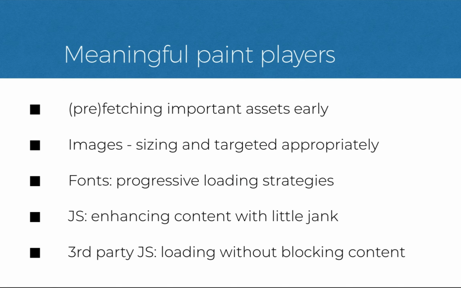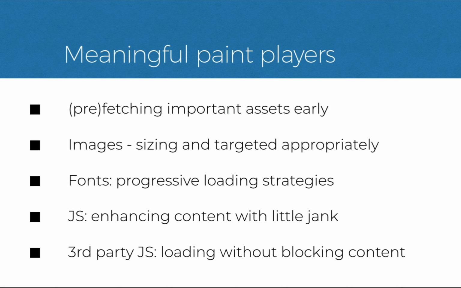Okay, so just to recap this section, we want to think about the main players that go into meaningful paint and getting meaningful paint to happen sooner. So we want to think about fetching assets as early as they need to be fetched, so they're there when we need them. We want to think about not only optimizing our images, but also serving different images to different viewport sizes, connection speeds, stuff like that.